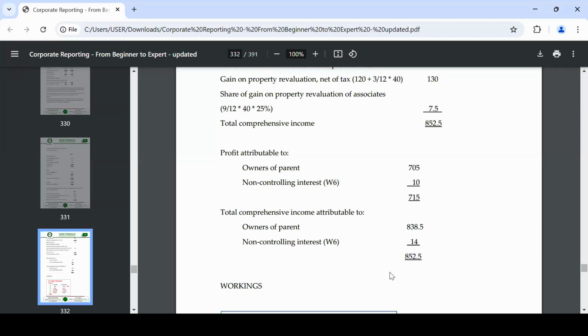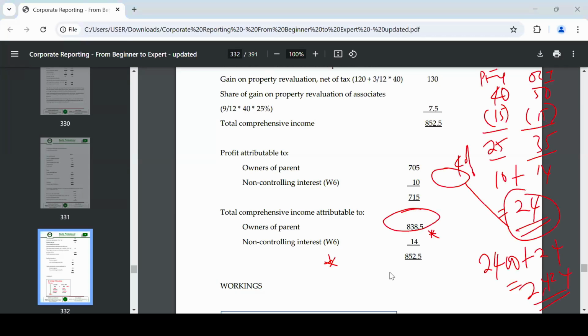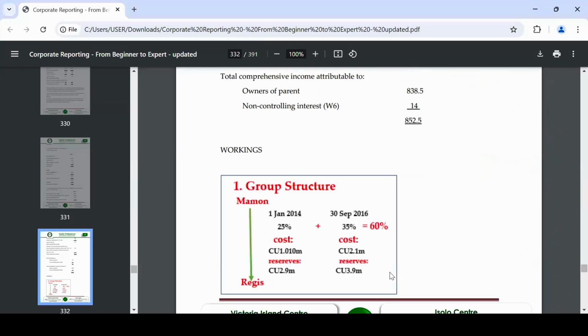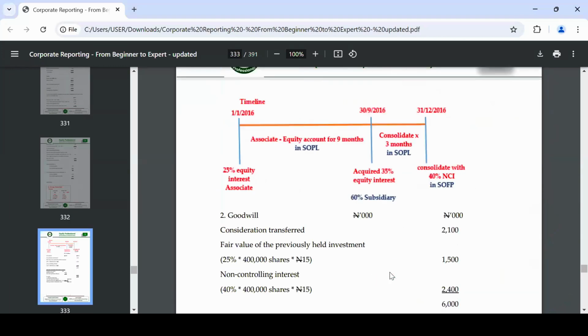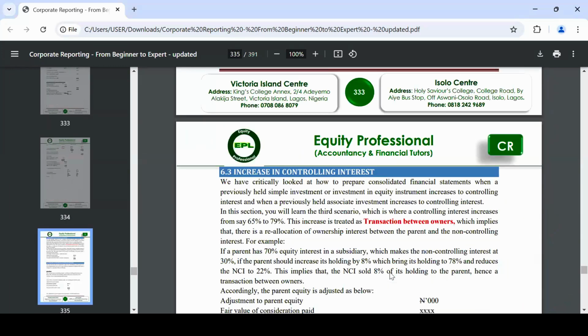Whatever is left belongs to owners of parent. Now, that explains the owners of parent I was trying to explain at the beginning of the class when I said, even if effective interest rate is lower than 50%, we'll still go ahead and consolidate, okay? So that explains why they normally say owners of parent, okay?